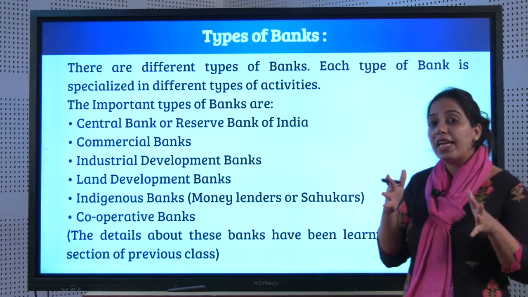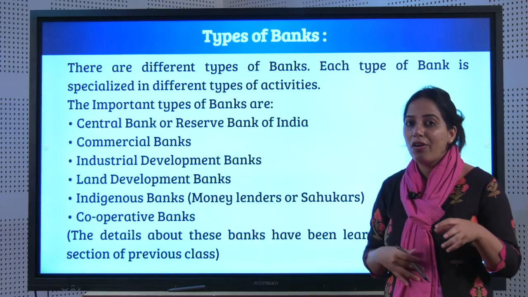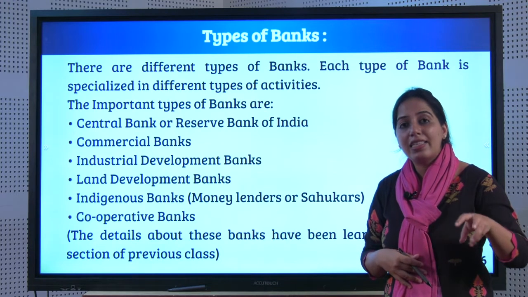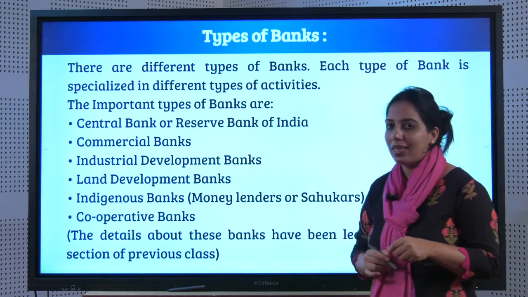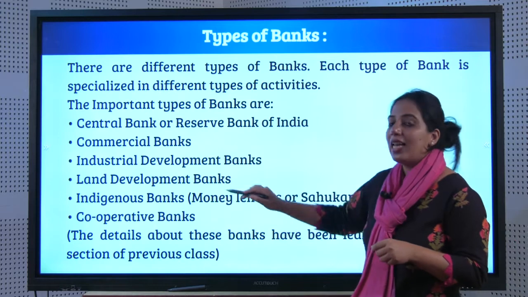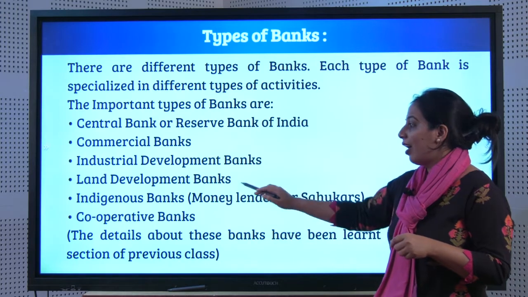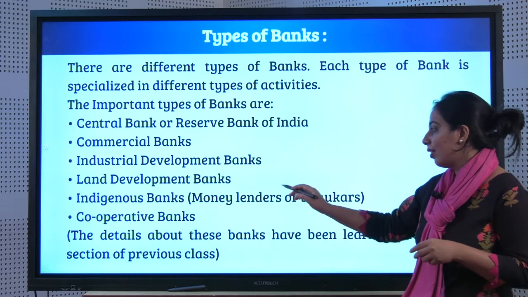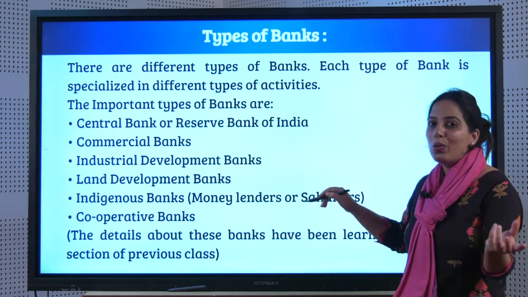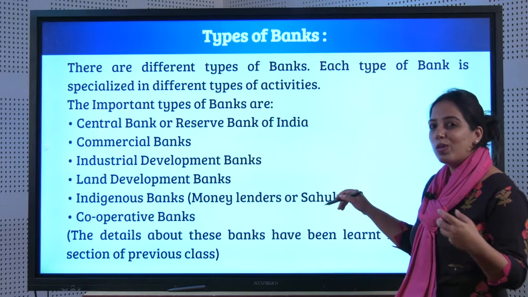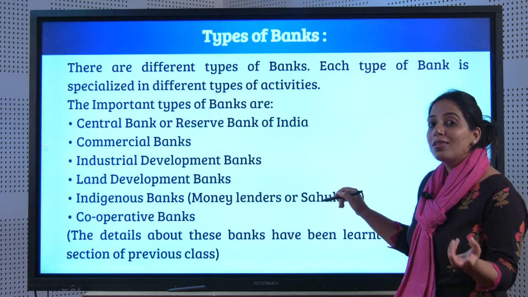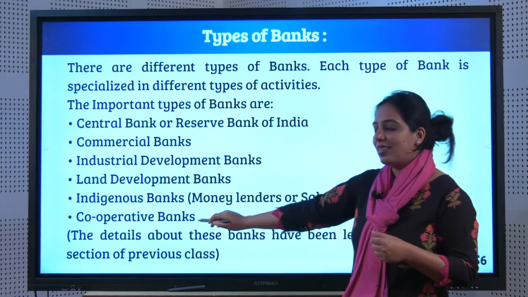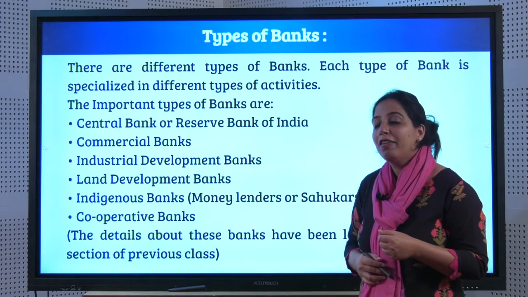These banks are very focused on giving loans and accepting deposits from industries. Next, land development banks. After that, there are indigenous banks. Indigenous means they are mostly your local money lenders, also called Saukarauru in the local language. Lastly, we have cooperative banks.